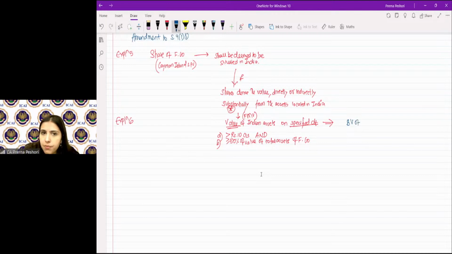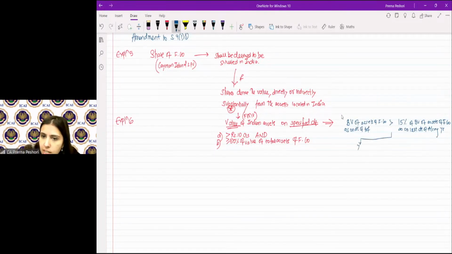Book value of the assets of the foreign company as on the date of transfer is greater than 15% of the book value of the assets of the foreign company as on last day of accounting year.